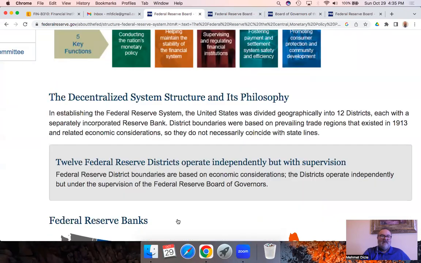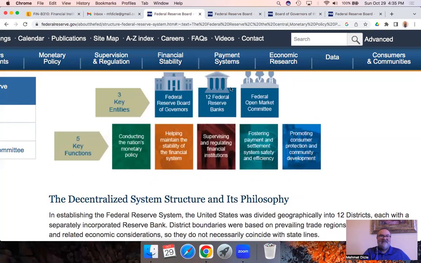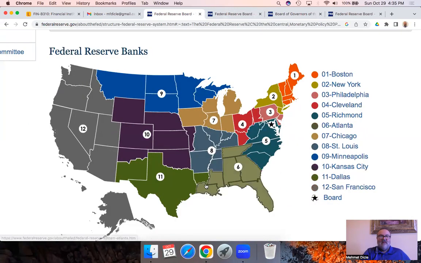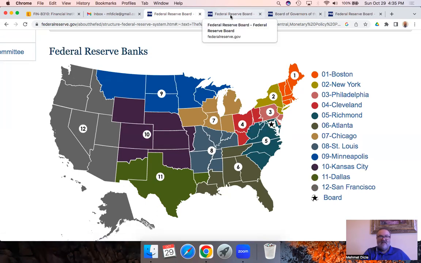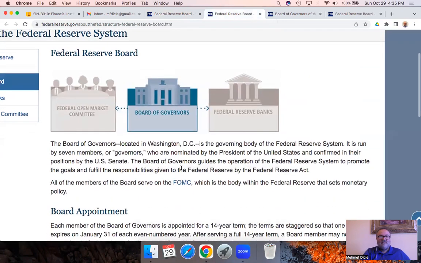But the board, the actual board, is in Washington, D.C., and the board itself is not an actual Federal Reserve bank. It's the board. So let's look at the Board of Governors.